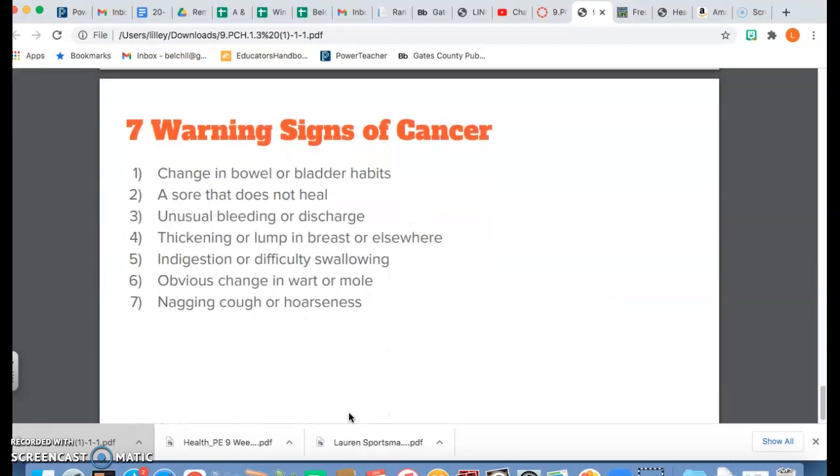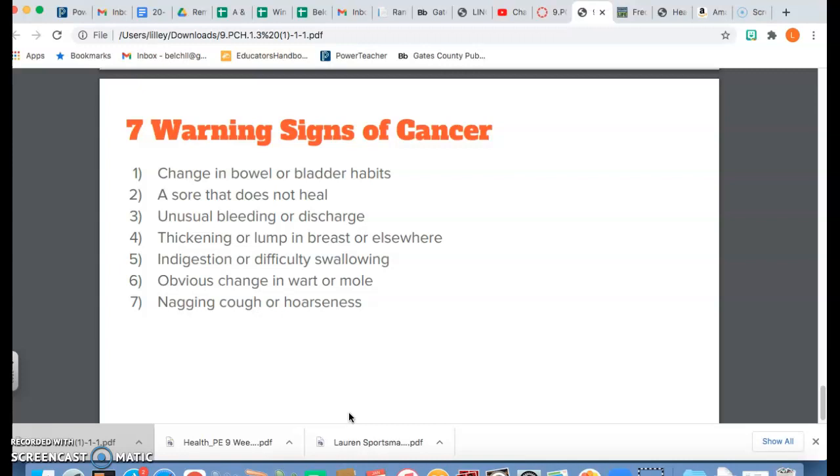And then the last thing, on the last slide, are the 7 warning signs of cancer, and these are just for cancer in general. This is to help prevent disease, of course, in the secondary format. So if you see these things changing, it's going to end up becoming tertiary control.